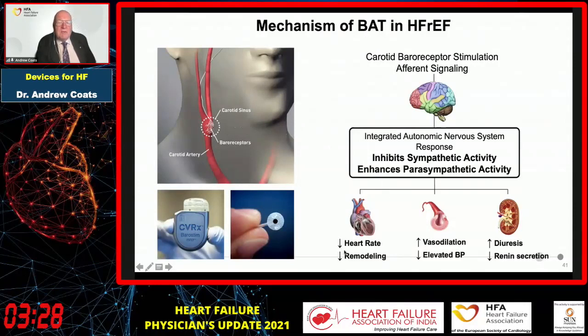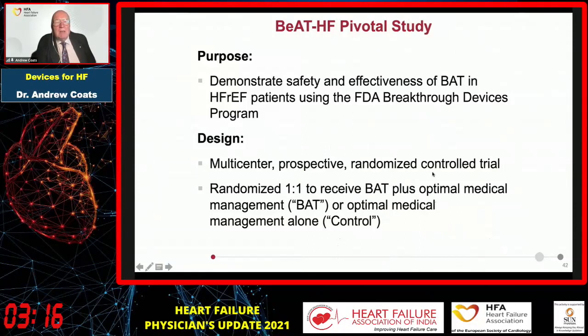That leads to reduction in heart rate, an improvement in remodeling, vasodilatation, a reduction in blood pressure, and an increase in diuresis because it's acting like an autonomic modulating therapy. This was evaluated in the BEACH-HF pivotal study.